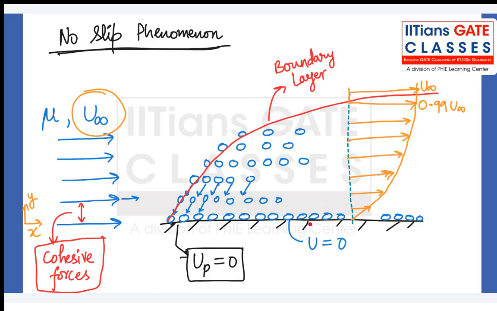So what if I say, let us take an ideal fluid which has no viscosity. Will it have a boundary layer? Think. Will it have a boundary layer or not if there is no viscosity? Will it have a velocity profile?